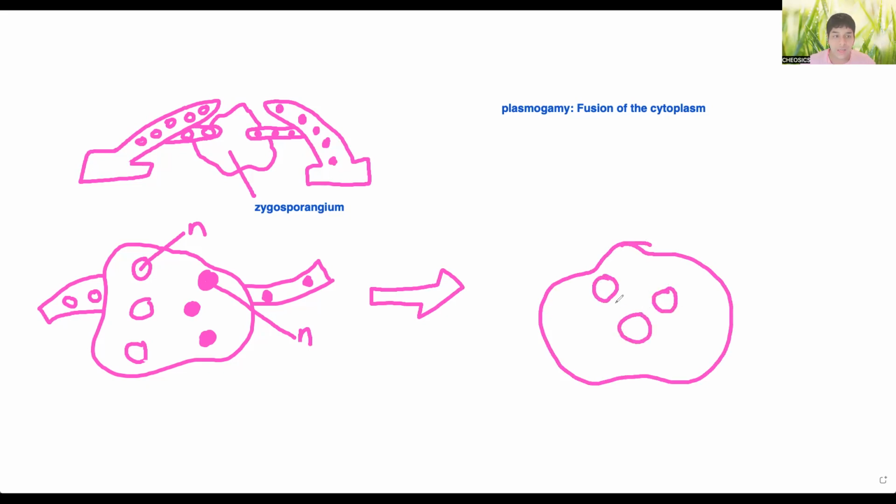So you get 3 cells, they're fused. I'm not shading them. This is a new type of body. Now it's simple algebra here, n plus n, 1 plus 1 equals 2n. So here you get diploid nuclei.